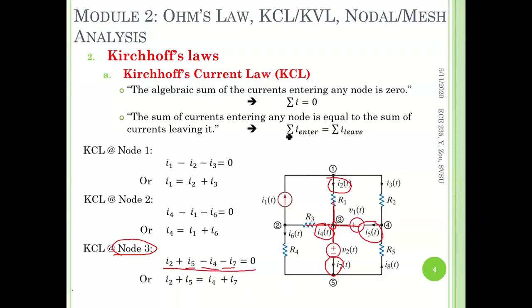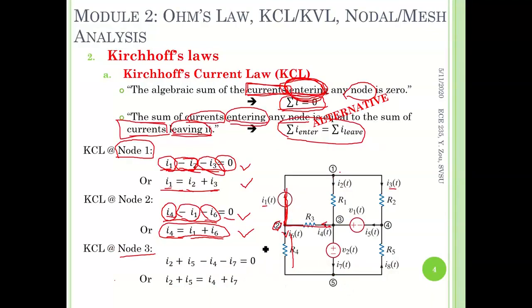Let's try the second way. Again, I2 and I5 are entering node 3. So the sum of these two equals I4 plus I7, which are leaving the node. None of them has a negative sign in front, but they are placed on two different sides of the equal sign. Again, same equation.